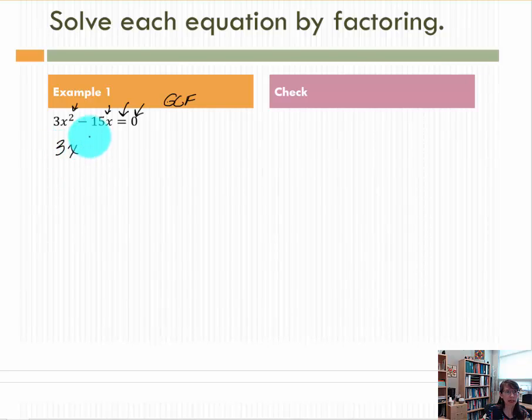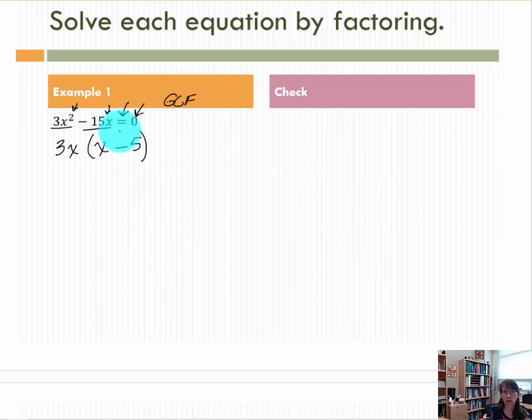So 3x is our greatest common factor, and then using the distributive property, we would have a quantity of x minus 5. Checking, 3x times x matches 3x squared, and 3x times negative 5 matches negative 15x.